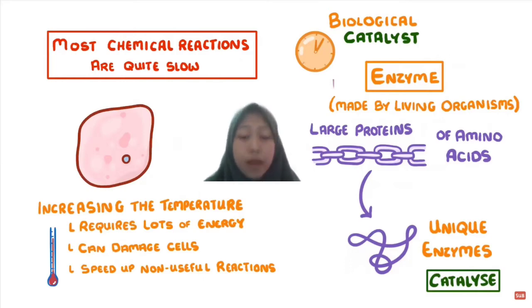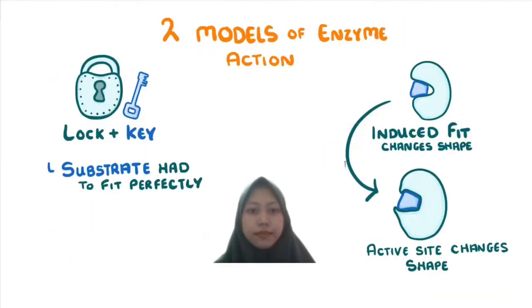An enzyme is a particular type of catalyst that is made by living organisms. So we can call enzymes biological catalysts. Enzymes are basically large proteins. So like all proteins, enzymes are made up of long chains of amino acids.